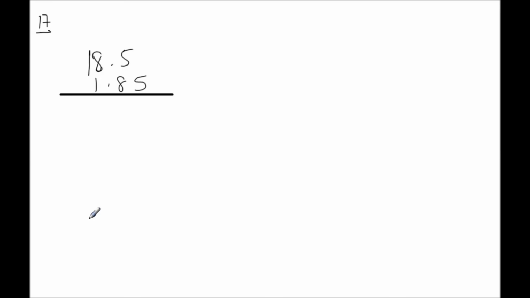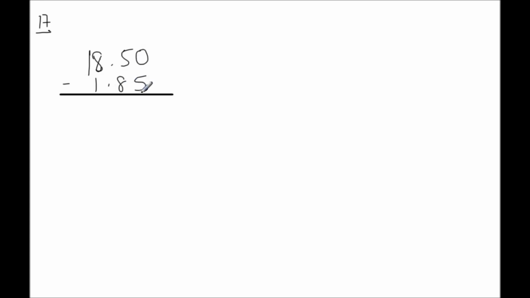So let's go through this. If you notice here with our 18.5, subtracting 1.85 from it, there is a missing digit that would be here. Technically, this would be our 10th column and our 100th column. So we would need to put a placeholder here, and we begin.